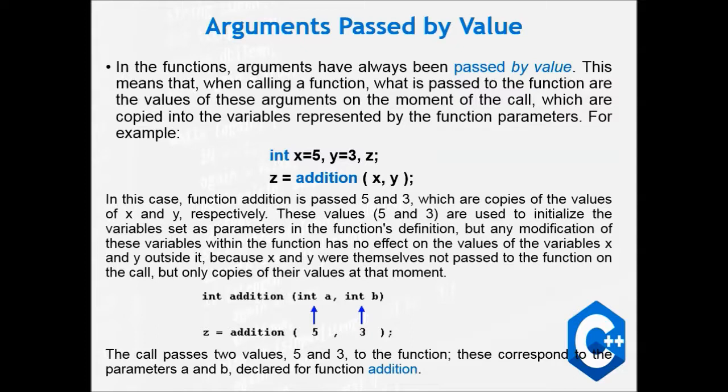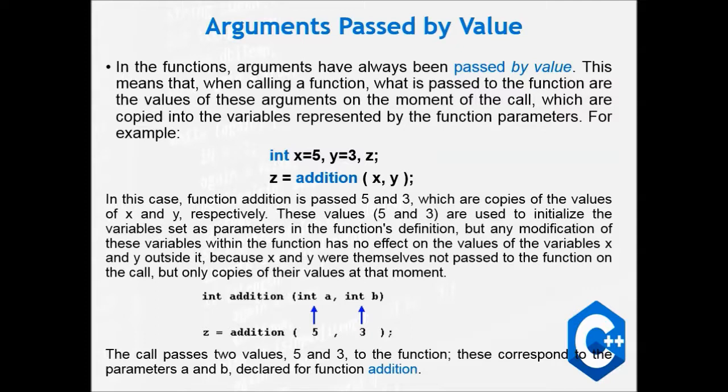For example, int x is equal to 5, y is equal to 3, and z, and then we call the function z is equal to addition(x, y). Here addition is our function, and x and y are our actual parameters, or we call these x and y as arguments.